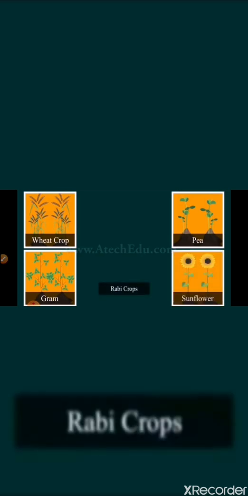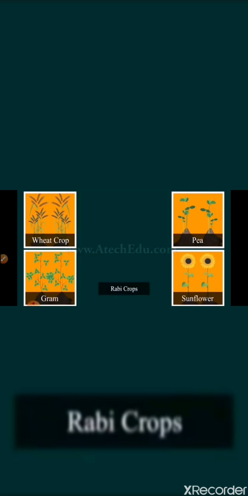And what about rabi crops? Crops that are grown during winter season are rabi crops. They are sown in the months of October and November and harvested in the month of April and May. Some examples of rabi crops are wheat crop, gram crop, pea crop, and sunflower crop.